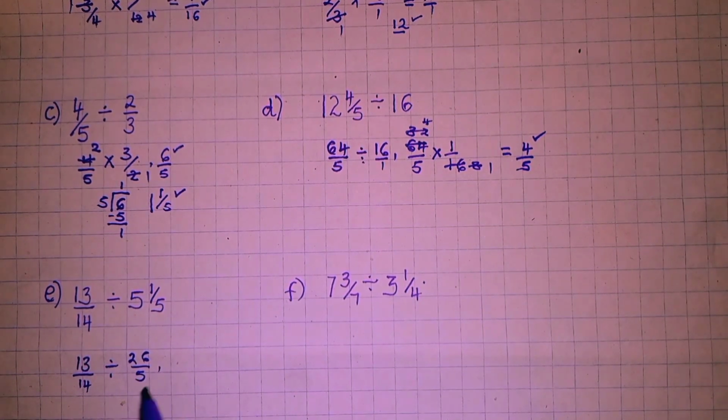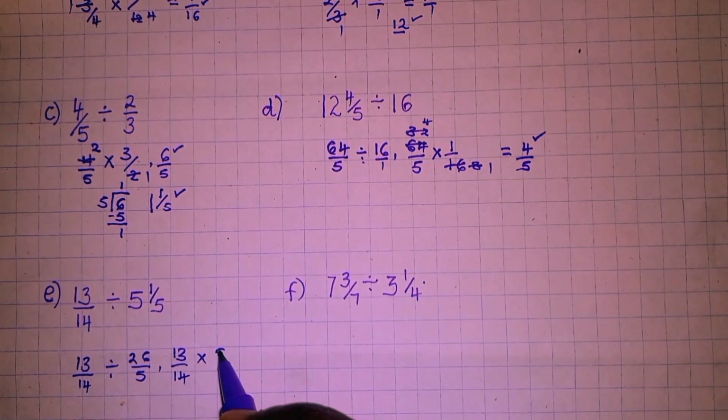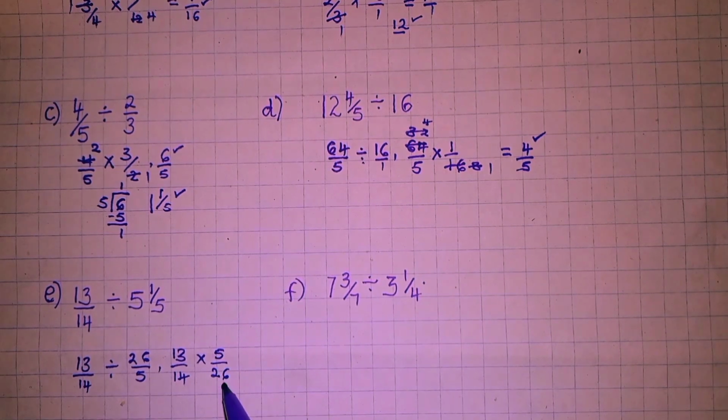So this one becomes 13 over 14. Then change this sign to multiplication and then reciprocate the divisor. Then 26 over 5 becomes 5 over 26. So check if there are numbers that can be divided by cancelling. 13 can be divided by 13, then 26 by 13.